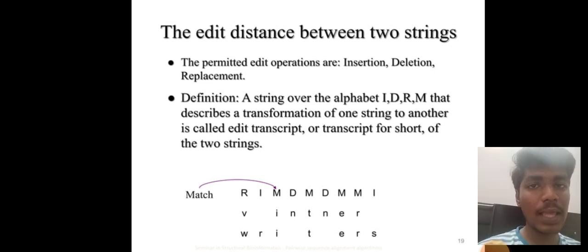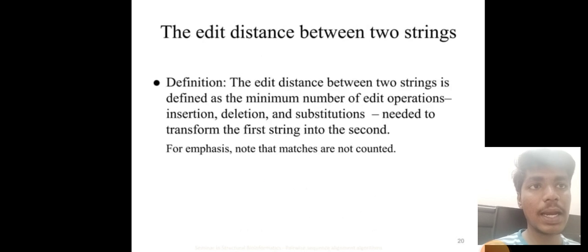Here R is not there, so we need to insert R. Next, I and I are matched. Then D: N should be deleted because it does not appear in writers. Then M, matched. E and E are matched. R and R are matched. S should be inserted.